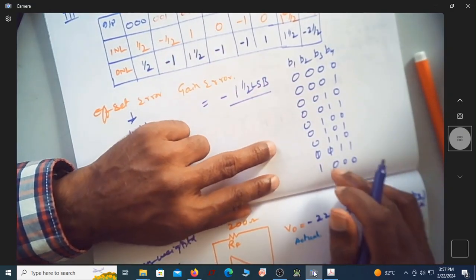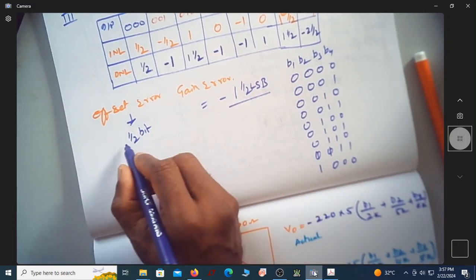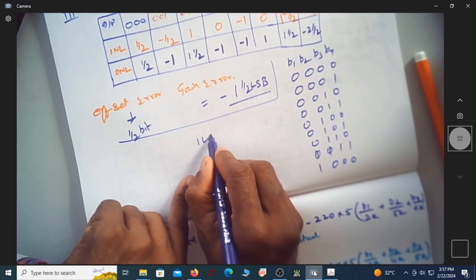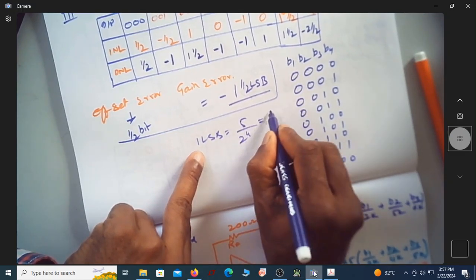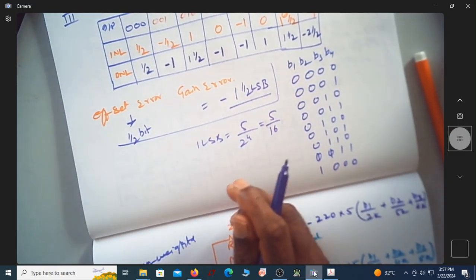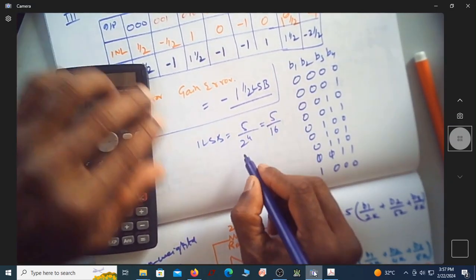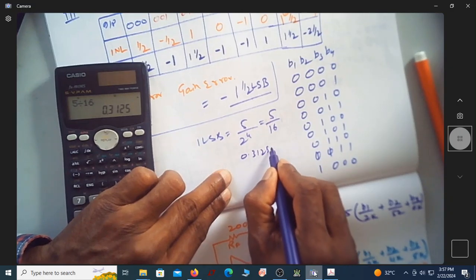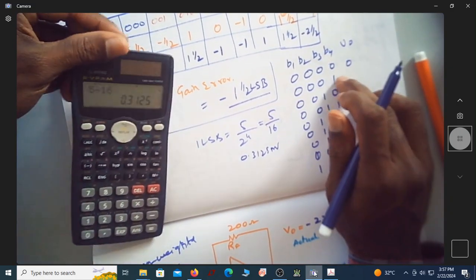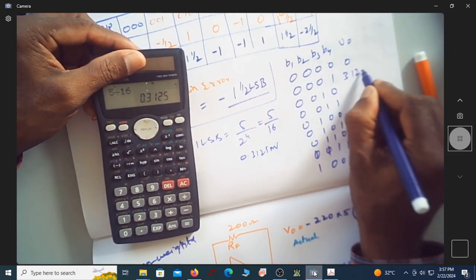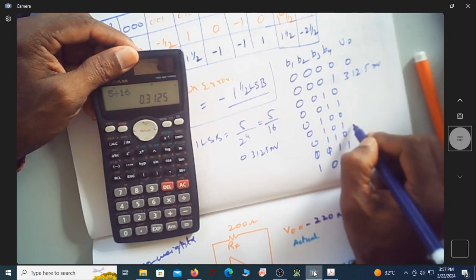Likewise it goes, up to 16 combinations, because here 1 LSB corresponds to 5 by 2 power 4, which is 5 by 16. 5 divided by 16 happens to be 0.3125, that is 312.5 millivolt. So this V naught is 0. Here it is 312.5 millivolt, twice of that, 3 times of that, 4 times of that, 5 times of that.